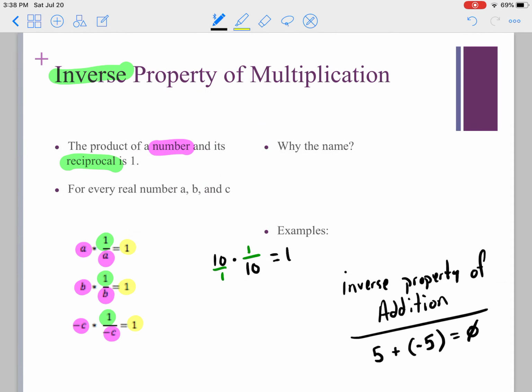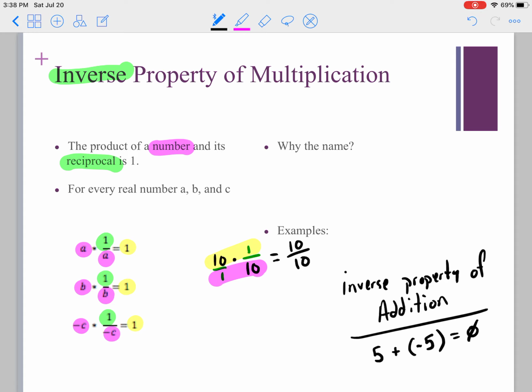And if I were to work this out, let's think about it, just so you can really visualize and see what's going on. If I multiply fractions, what I do is I multiply across. And so if I multiply across, 10 times 1 is equal to 10. 1 times 10 is equal to 10.